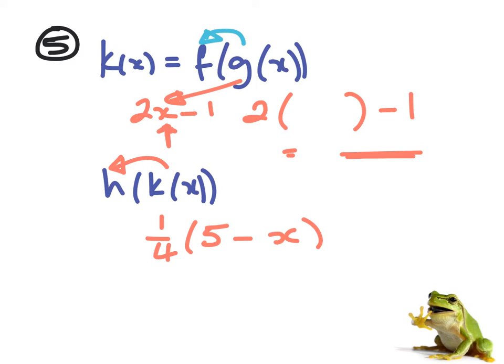So whatever answer you got for this one, that goes in here for x. So you end up with 1/4 5 take away something. And it should all cancel down to a nice simple answer, which will help you in part C.